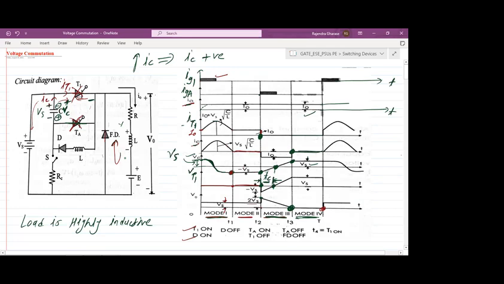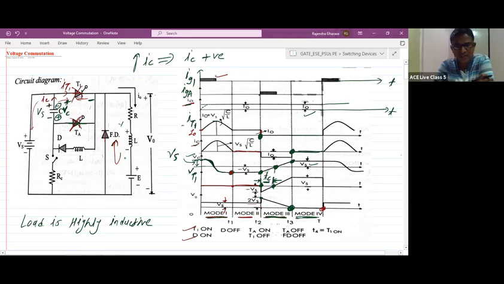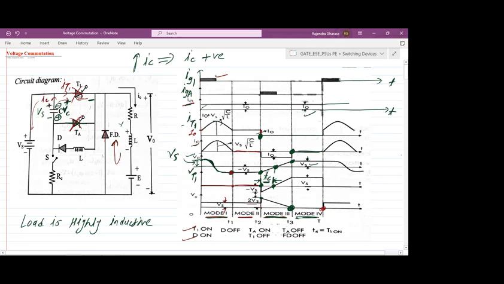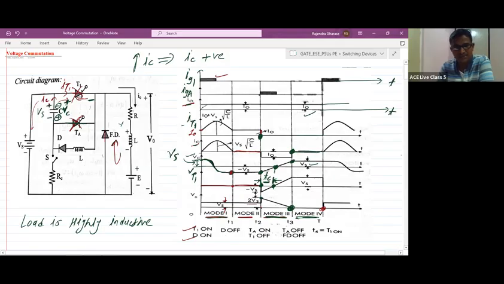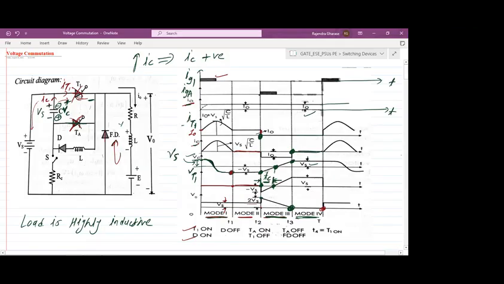You can check: V0 is 0 volt, I0 is non-zero. Current is flowing there, right? The output power will be 0 only because it is V0 into I0.